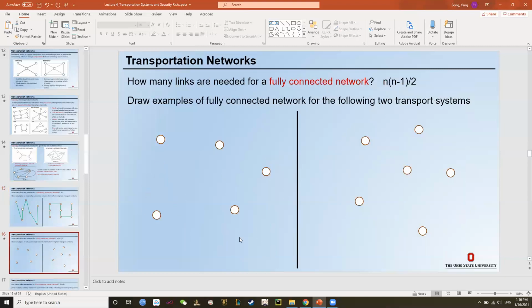Let me just use the segment I used before. This is more complex, so it takes more time. And there could be mistakes, so bear with me. So let me try to just connect each node to the rest of the nodes. Okay. So let me just create a loop first.